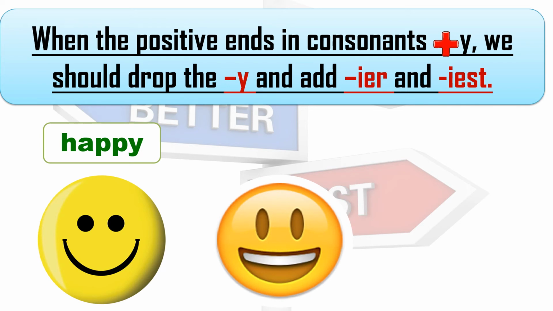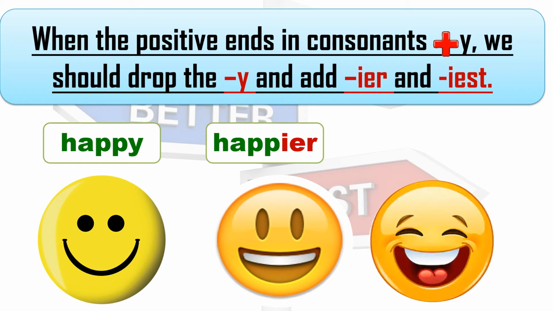The next degree is happier. See here, we have dropped this Y and we have added IER, instead of only ER. And in superlative form, you can see the happiest face.